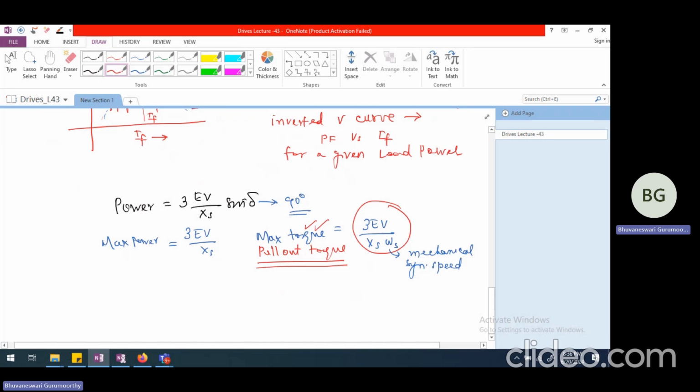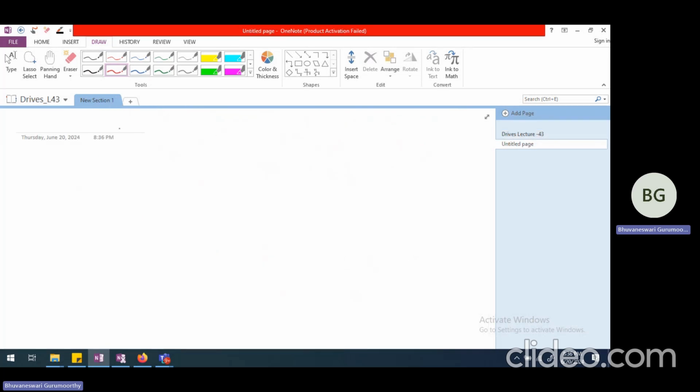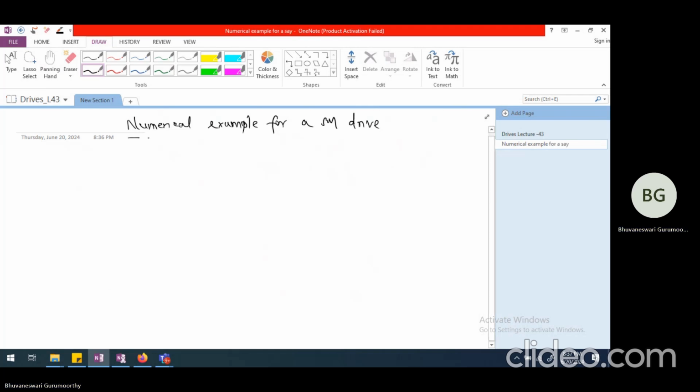So let us work out one problem in a synchronous machine, a numerical example for a synchronous motor drive. The problem statement is somewhat like this.